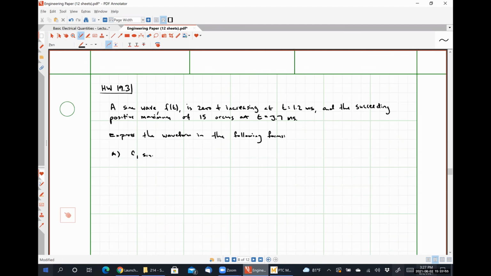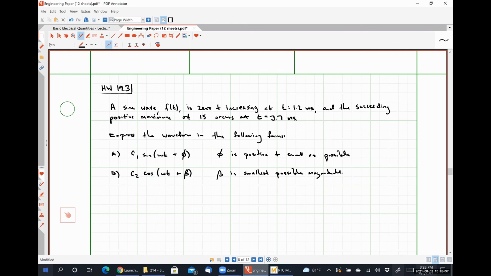A: C1 sine(omega t plus some phase angle B), where B is positive and as small as possible. B: C2 cosine(omega t plus some phase angle beta), where beta is of smallest possible magnitude.